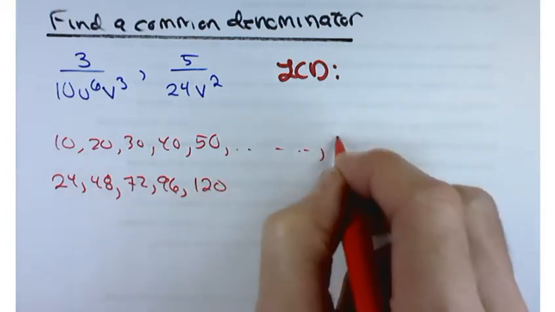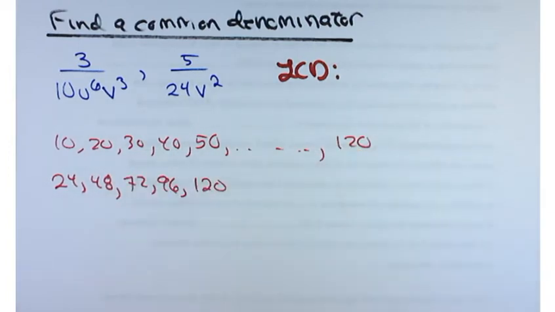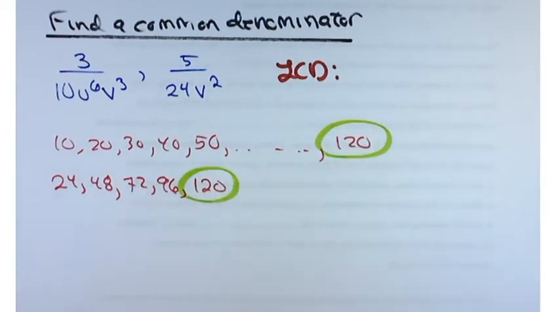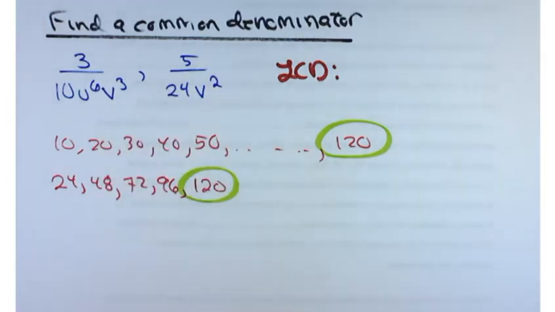And I think it should be pretty clear that if we let this pattern for the multiples of tens continue for a while, eventually you would get to 120. And that's the first place where they overlap. So, okay, bless you. That's your LCD, at least for the number part of this. So let's put that down. LCD is going to be 120.